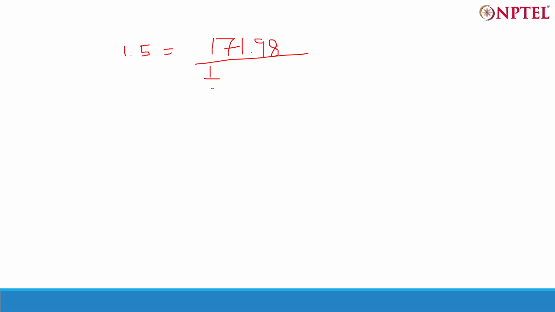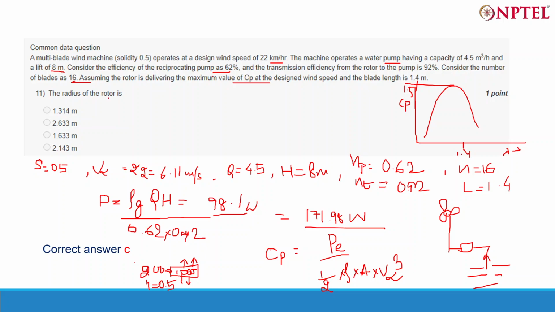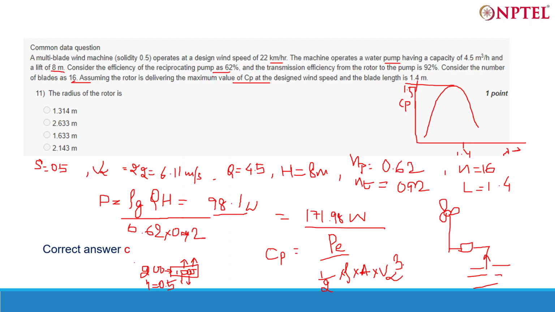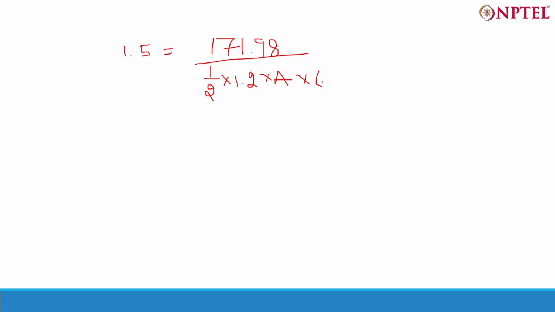The density of air is 1.2, and A is the value that needs to be calculated. Basically, the radius of the rotor has to be calculated. U infinity is the design speed, 6.11, which we got here. So 6.11 cubed. Now from here you can calculate the A value.